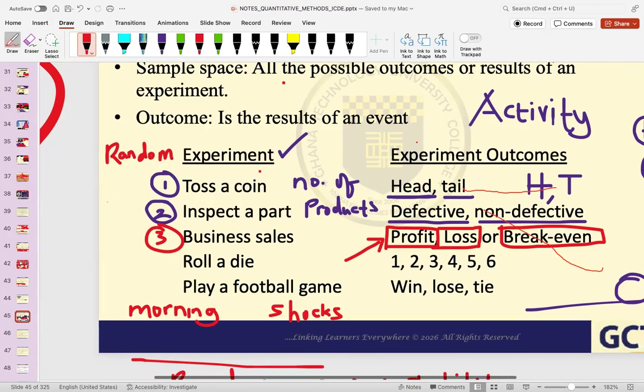So the random experiment here is that you should condition in your mind that you are either going to make profits, or you run a loss, or you are going to break even, because your business sales qualifies to be a random experiment or a random activity.